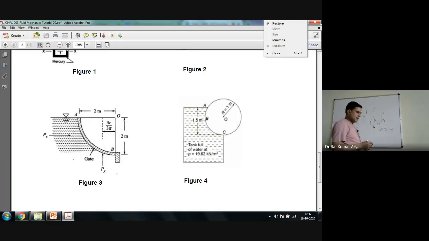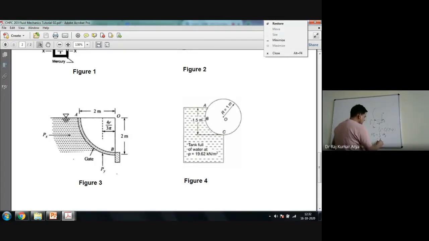This is your pressure at point y. Now you want the vertical force. The vertical force will act only on this area. So this F vertical would be the pressure at point y times the area which goes into the y direction only, right?